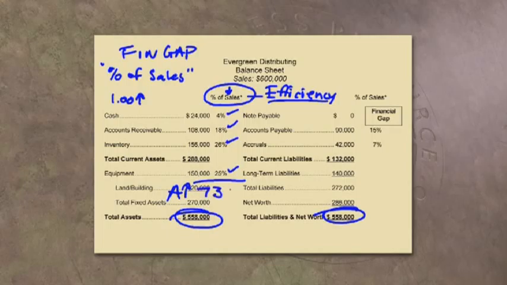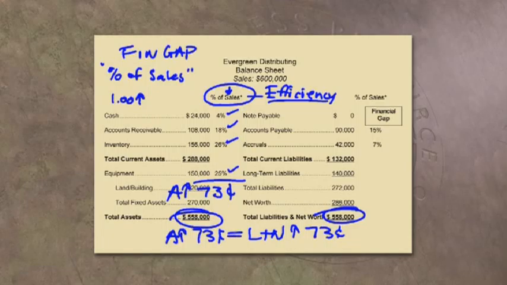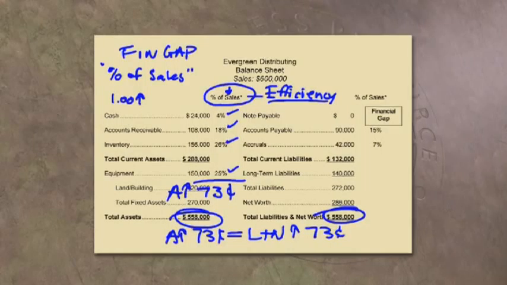73 cents. Now, if my assets got to go up 73 cents, my liabilities and net worth probably ought to go up what? 73 cents, because we'd like to see a balance sheet do what? Balance. So the mathematical sign that's going to go in, equals. So here's what we're going to do. Just like we did in section 2, we're going to go down the left side of our balance sheet, buying the assets at some level of efficiency.